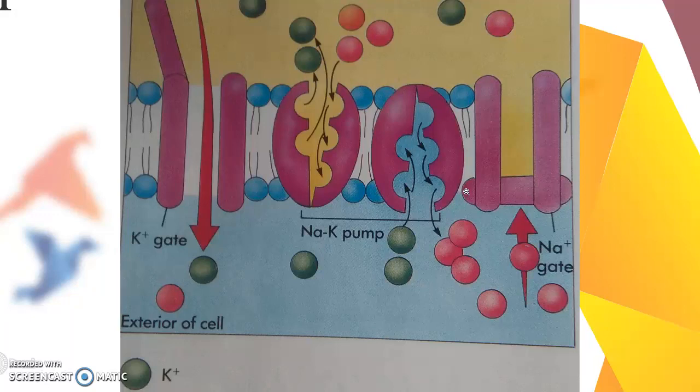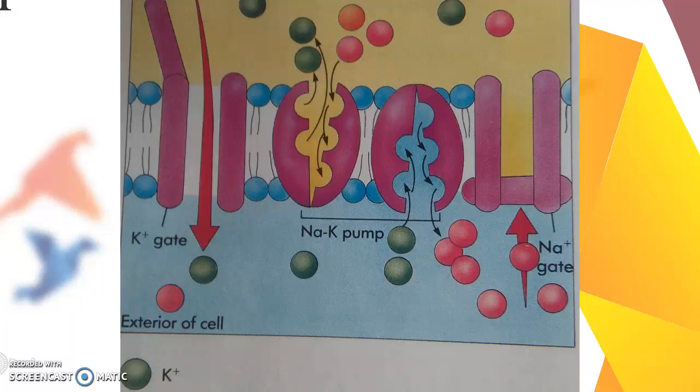But when a disturbance happens in the cell membrane because of being exposed to any sudden external stimuli, like suddenly being exposed to a hot object, as I told you before, it causes influx of sodium to the inside of the cell and efflux of potassium to the outside of the cell.